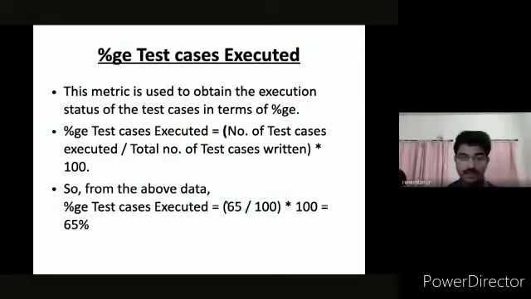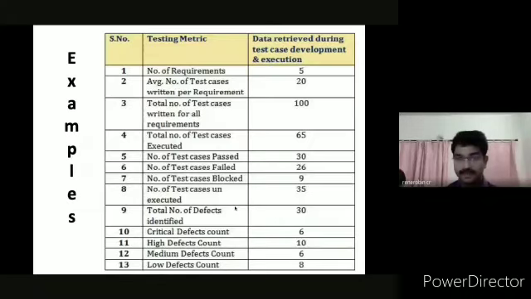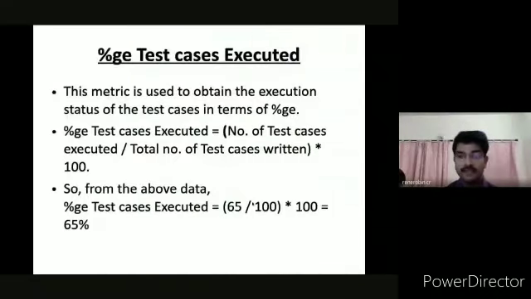The number of test cases executed is 65, taken from the base metrics. Total number of test cases written for all the 5 requirements is 100. So 65 divided by 100 into 100 is equal to 65%.